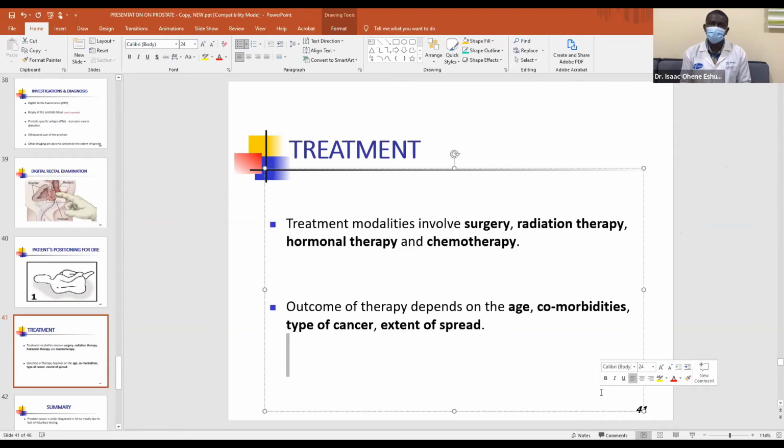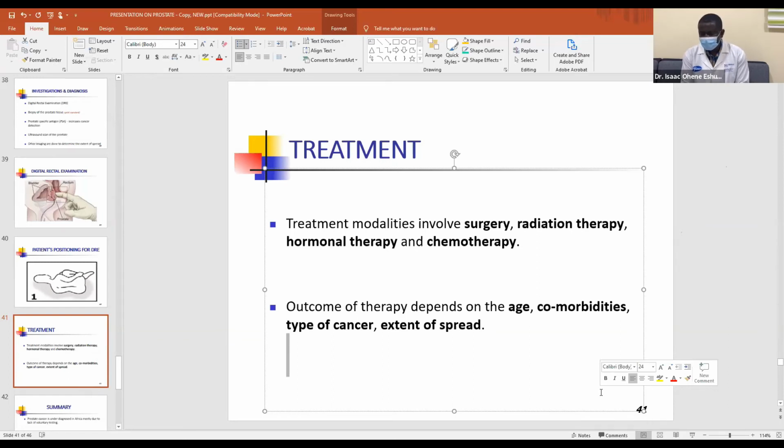So that was good, meaning if you catch the condition early, in which case it hasn't spread to the lungs, the bones, the brain, and all other areas, you stand a very good chance of surviving. Now, the outcome of the therapy depends largely on age and comorbidities. With comorbidities, we are looking at conditions that could bring immunosuppression, like diabetes and all that.